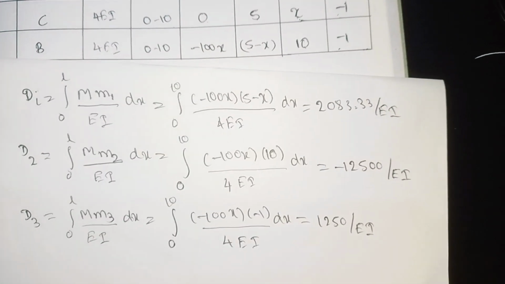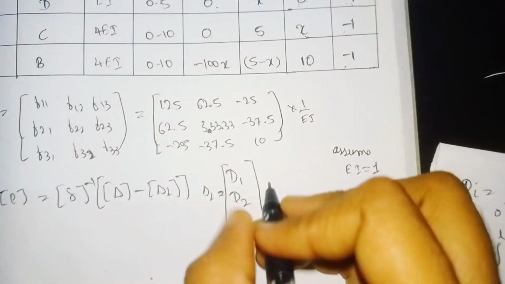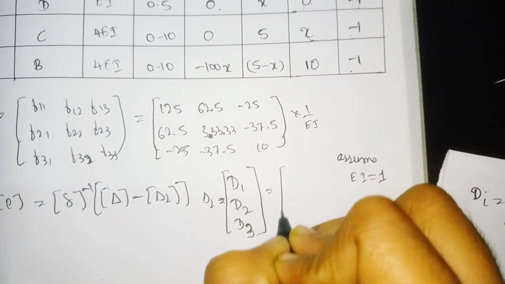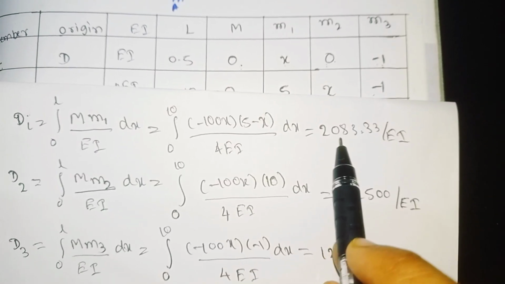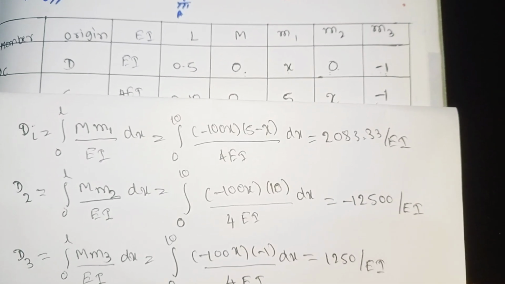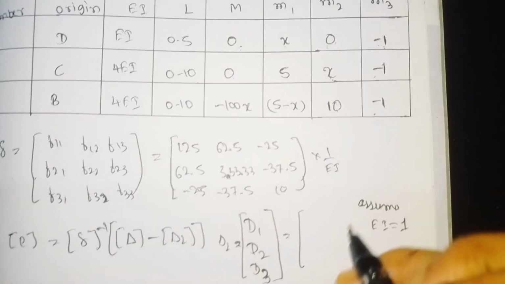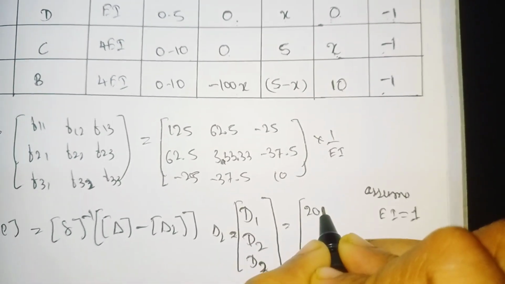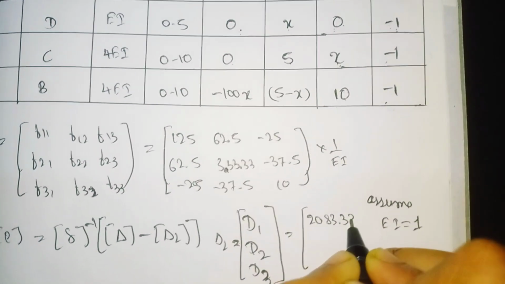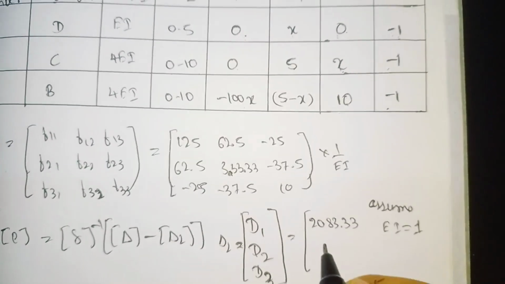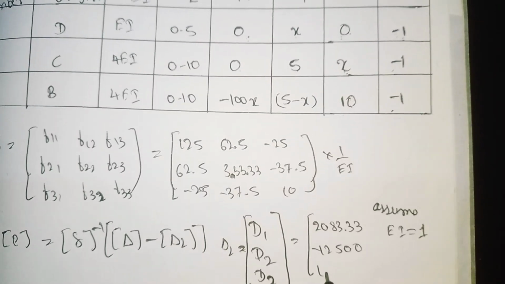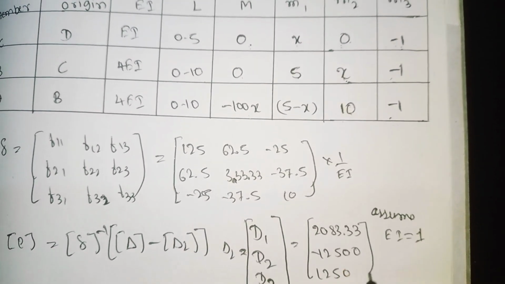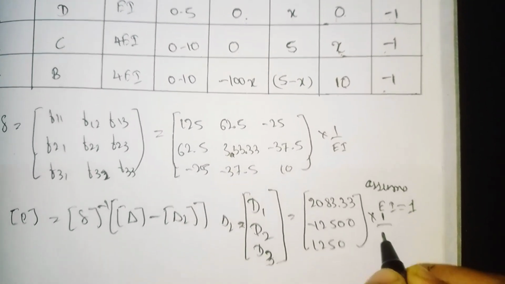So now we'll put these values in this matrix: the D1 value, the D2 value and the D3 value. The D1 value we got was 2083.33, the D2 value we got was minus 12,500, and the D3 value we got was 1250 divided by EI.